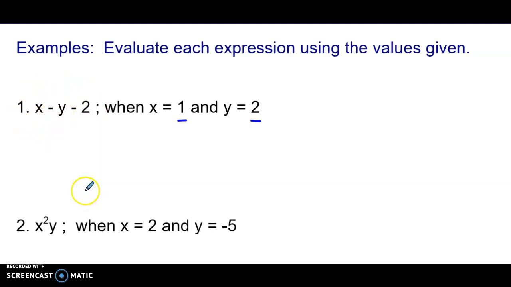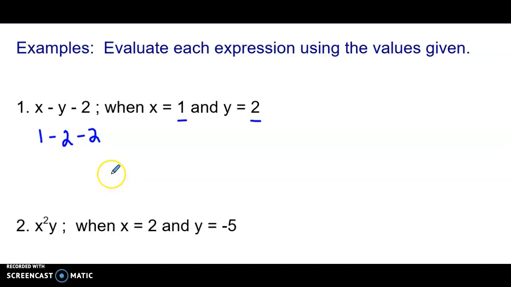So instead of x, we're just going to rewrite the expression and substitute the numbers given in for the variables. So instead of an x, we're going to write a 1 minus, instead of a y, we're going to write the number 2 because it tells us y equals 2, and minus 2. Okay, so we have 1 minus 2 minus 2.